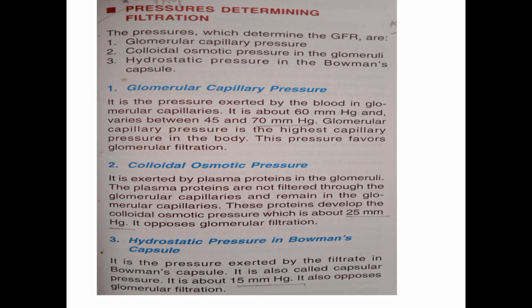Next, coming to factors regulating GFR. Factors regulating GFR and factors affecting GFR are both the same. One of the important factors is pressures. The pressures which mainly determine the GFR are glomerular capillary pressure, colloidal osmotic pressure in the glomeruli, and hydrostatic pressure in the Bowman capsule.